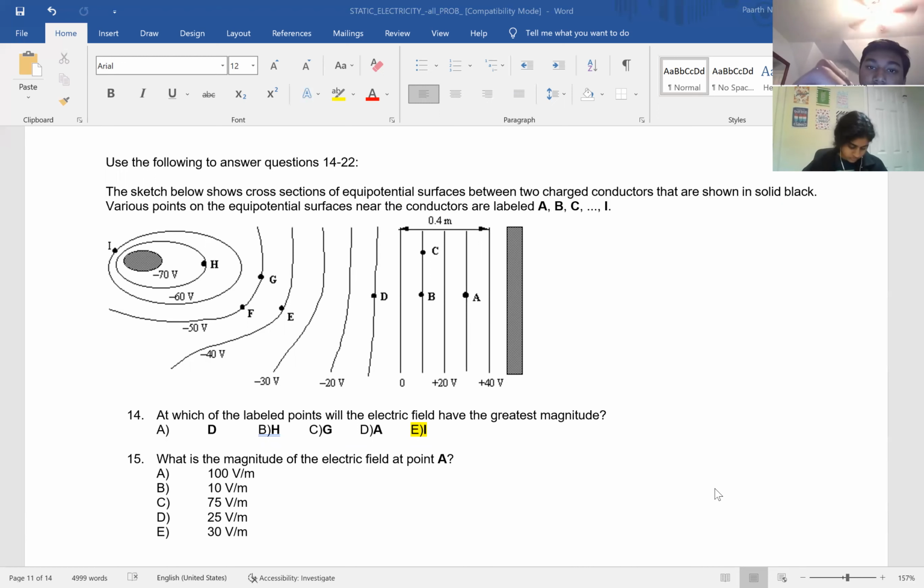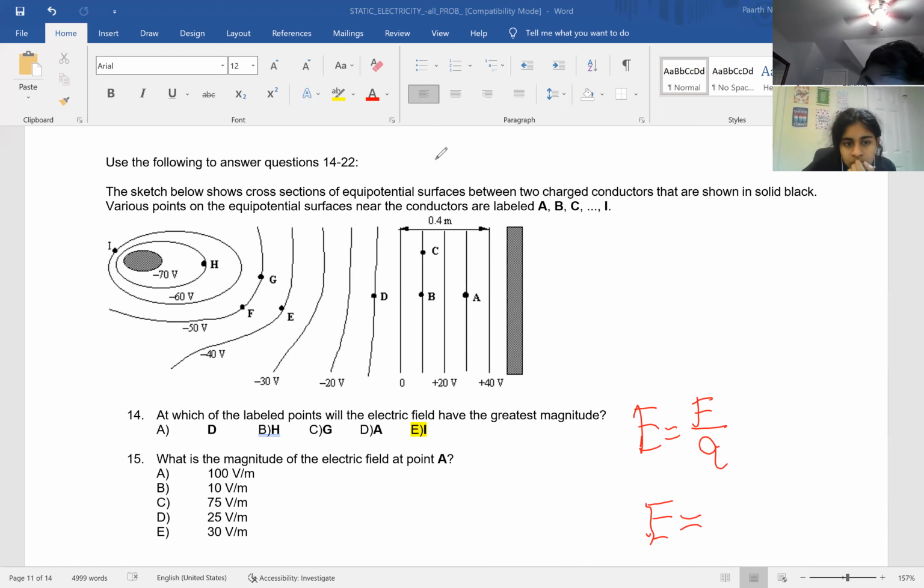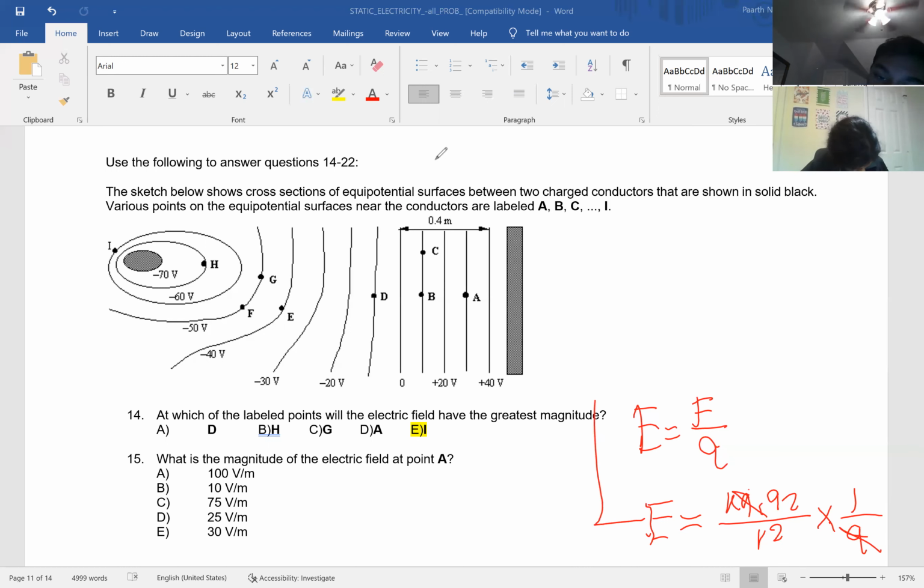Electric field is the force over the charge, right? And force is kQ1Q2 over R squared, times 1 over Q. So one of these Q's cancels out, and ultimately you're left with E equals kQ over R squared, right?